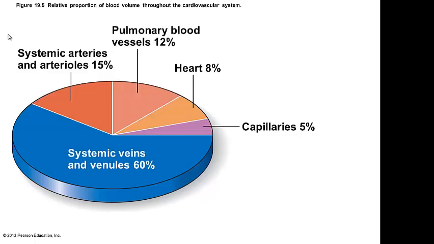And then the other 35% is hanging out where? In the arteries and the heart. It's getting its push. So most of it's trying to get back. The other's trying to get the push. And only 5% is really where exchange is taking place.